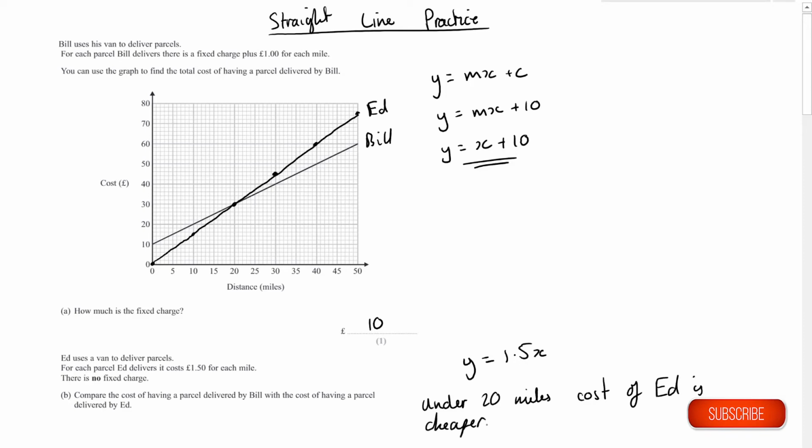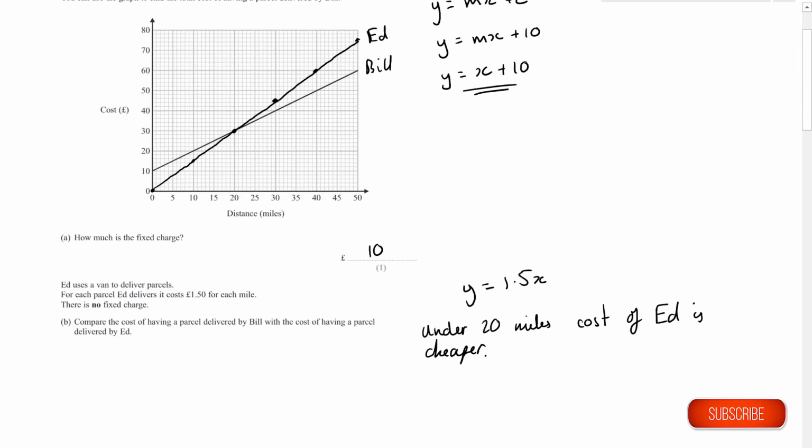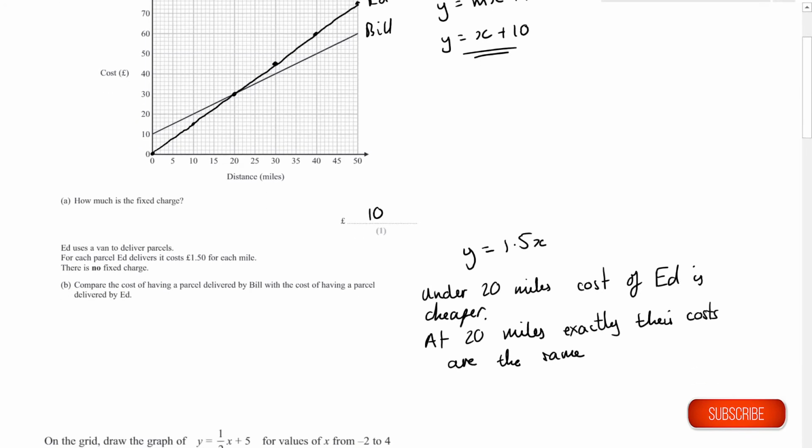Then we could say that at 20 miles exactly, their costs are the same, and then after 20 miles, Bill is cheaper.